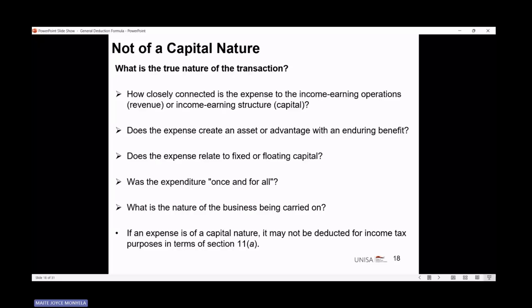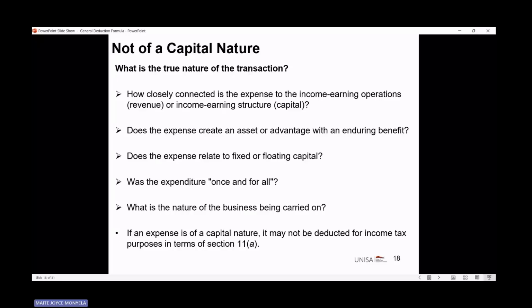Does the expense create an asset or advance an enduring benefit? Does the expense relate to fixed or floating capital? What is the nature of the business being carried on? If the expense is of a capital nature, it will not be deducted.